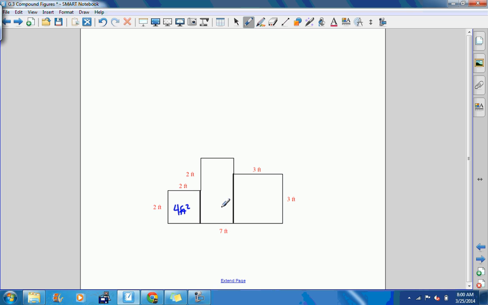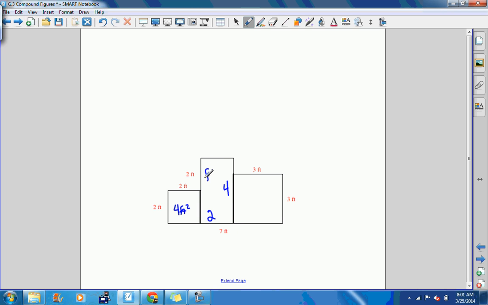Now this one down here is going to be a little bit tougher. If this length here is 2 and this length here is 3 and the whole length is 7, 2 plus 2 plus 3 is 7, so that's bottom is 2. And the height here is going to be, now this is a little bit tougher, but this here is 3, but we have a little bit extra. So I noticed that this is 2 and this is 2, so the entire height is 4.